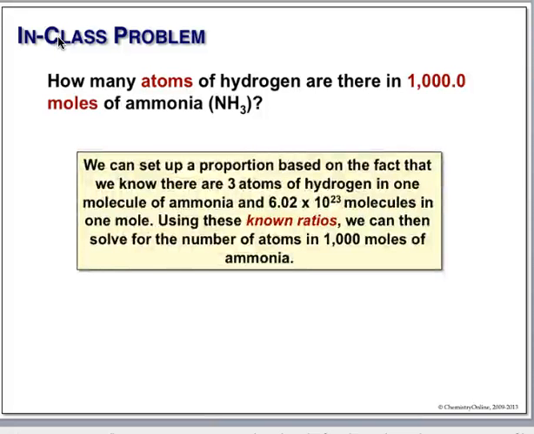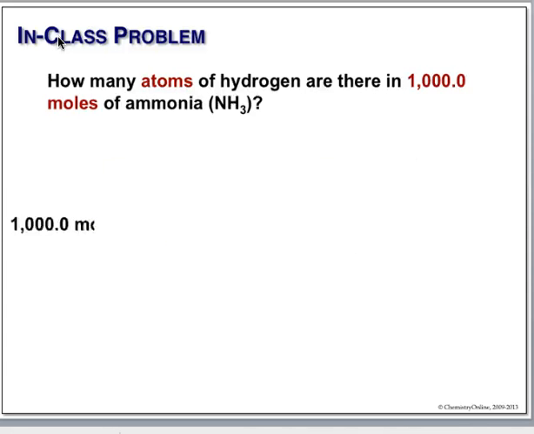The ratio here that we're going to use is going to be 6.02 times 10 to the 23rd molecules in a mole. We also need to say we have 3 hydrogens in every ammonia. So, our given 1,000 moles.